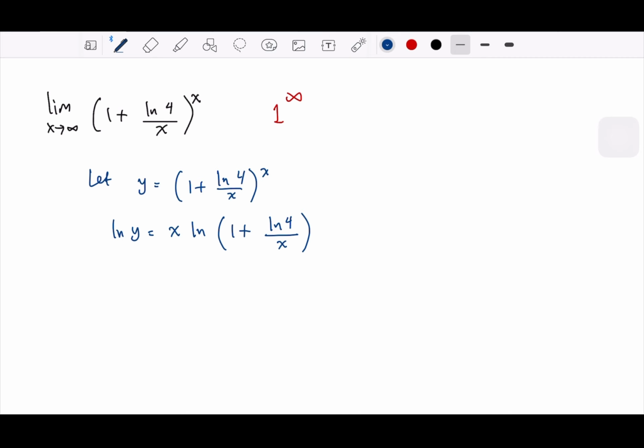And it's actually a similar form. Okay, if you see here, this is going to have infinity and 0, and don't forget to take the limit, both sides.